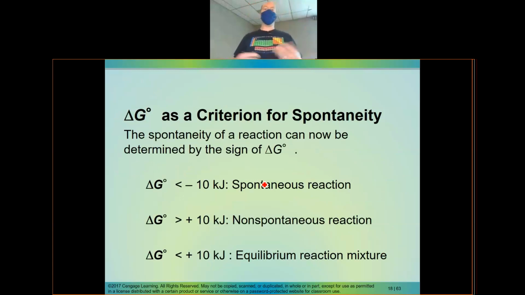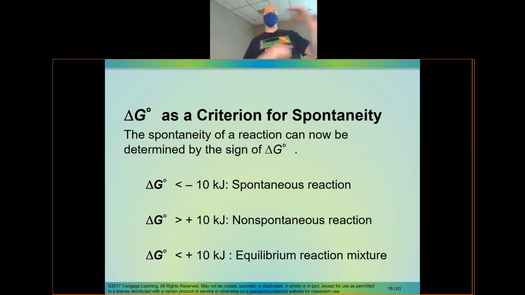All right, so I said negative delta G is spontaneous, so I have to update that a bit. In order to be spontaneous, you have to be less than negative 10, all right? To be non-spontaneous, you have to be greater than positive 10.